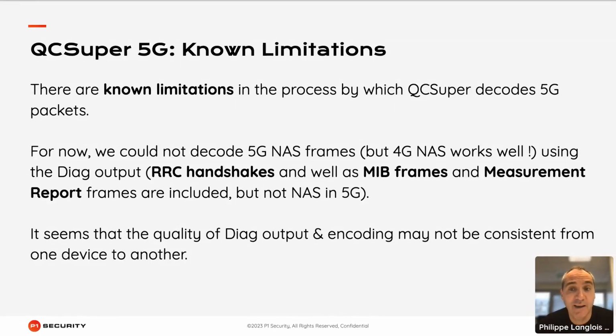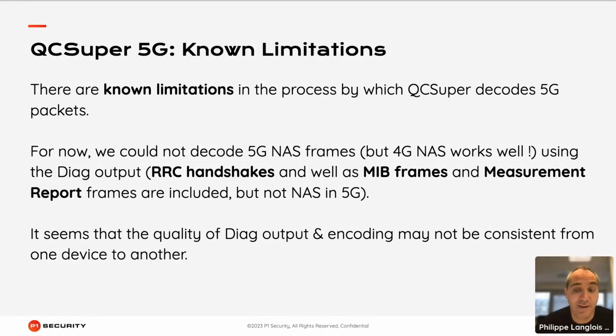That means that the non-access stratum signaling, which is very interesting for many things, is actually not in the DIAG output anymore. And we're really looking here for collaborations in order to find the root cause of it. So some people said that actually Qualcomm did this deliberately.